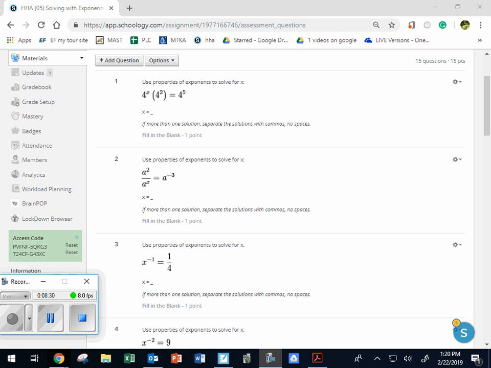So on this top one, my first thought is if I can get those together and make it 4 to a power, then I got the bases the same. So Mr. SD, can you tell me what to do? So you're saying it's 4 to the 2x? Yeah. Check yourself. Oh, or 2 plus x.